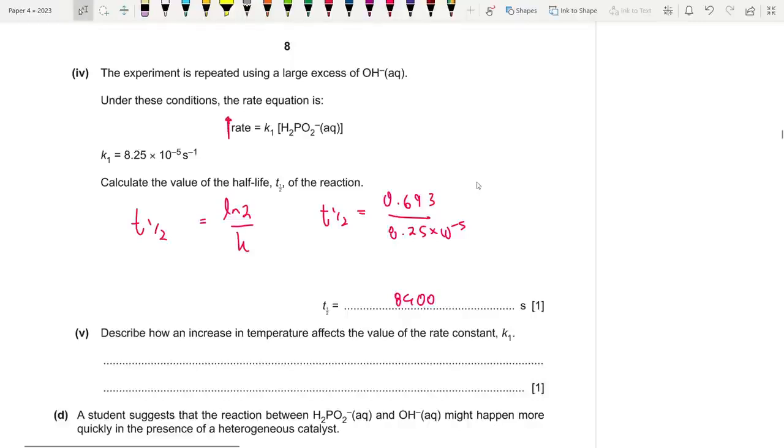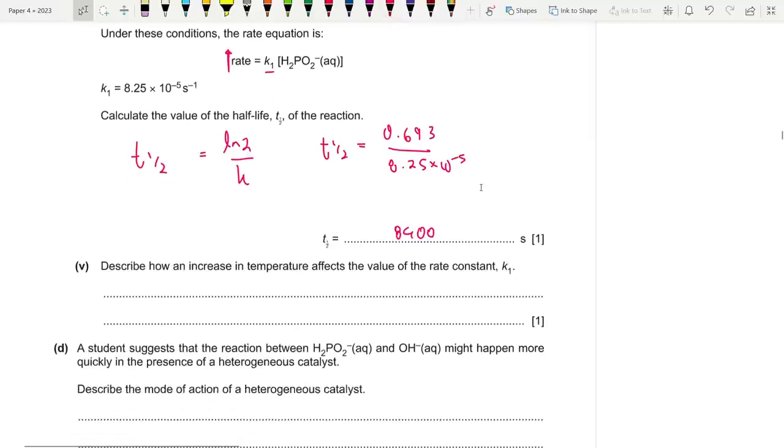Okay? And given that the concentration remains the same, the value of k, the constant, must also increase. So just remember this, as temperature increases, rate constant also increases, mainly due to more effective collisions, more k. k1 increases with temperature. Fine.